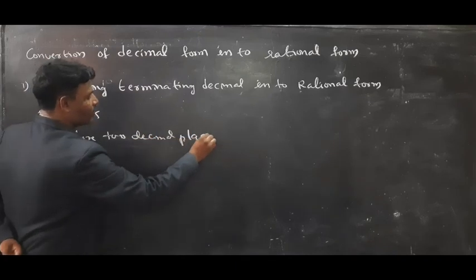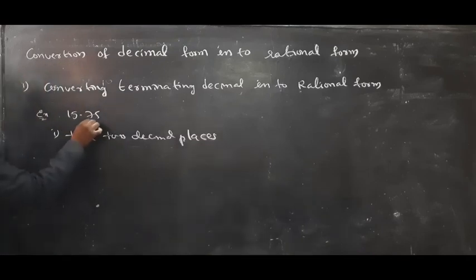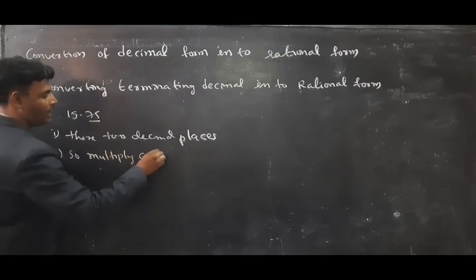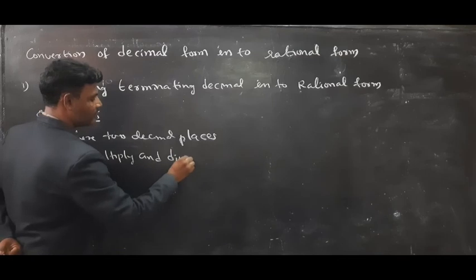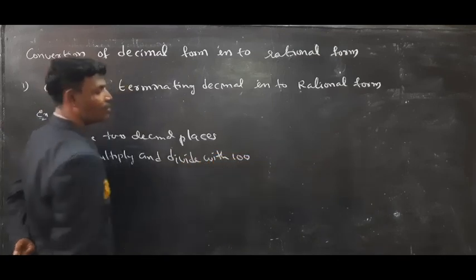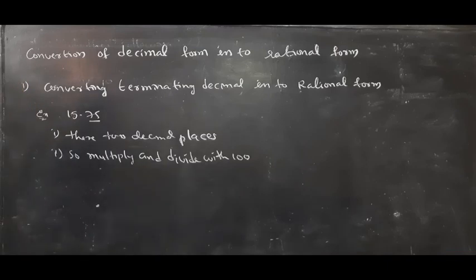What are they? 7 and 5. So multiply and divide with 100.